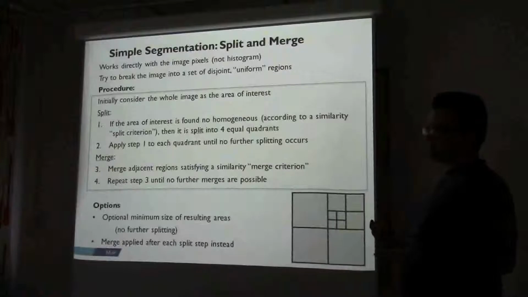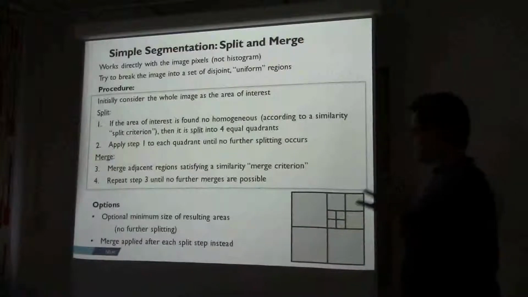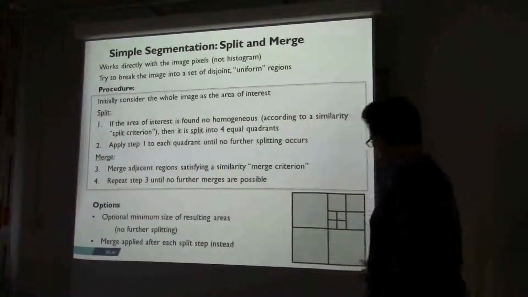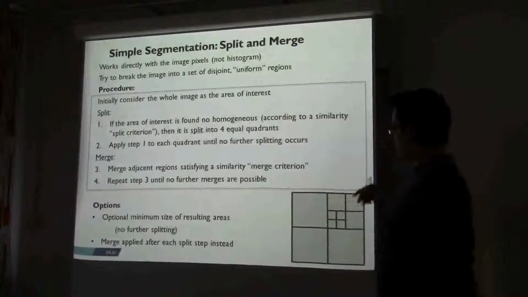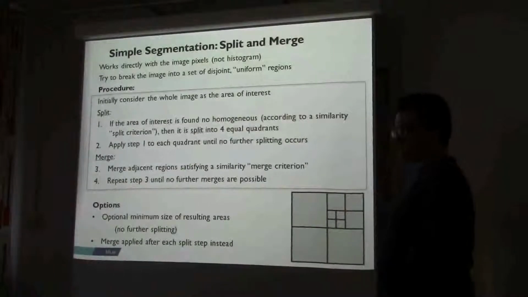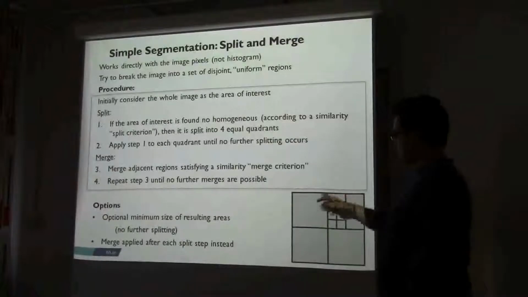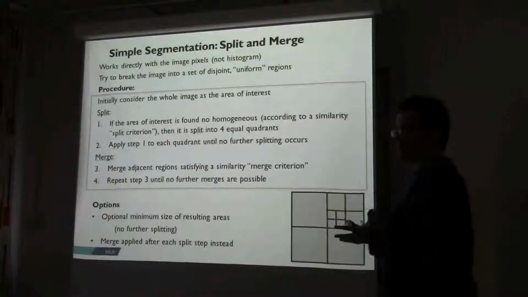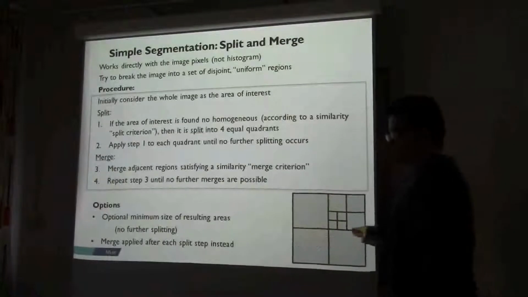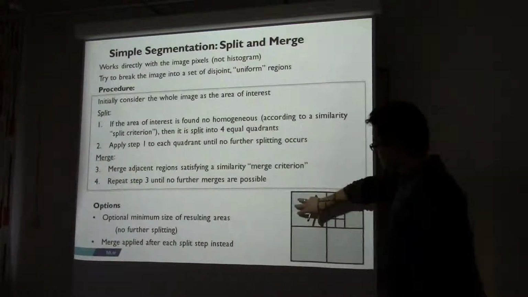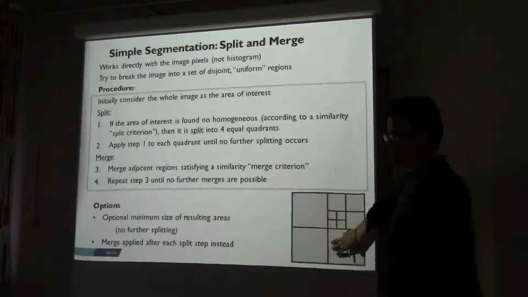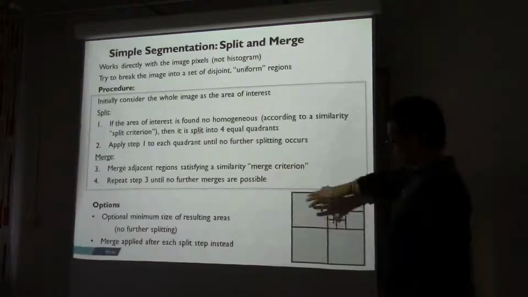Maybe this could be your homogeneity criteria. So you look into the whole image, check if your criteria is met. If it's not met, you say, okay, the whole image is not homogeneous enough. Let's divide in 4. And then you apply this criteria to each of the 4 quadrants.